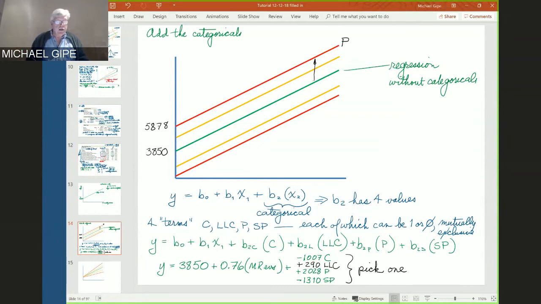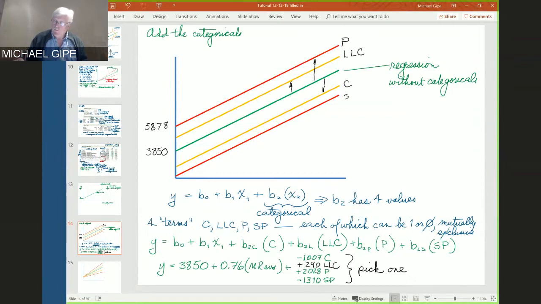And so essentially we created a parallel regression line for a partnership. Let's take a look at LLCs. For an LLC, we add 280. And so we're going to shift that regression line up to the yellow line. If we have a C Corp, we have a negative contribution, minus 1007, and we'll shift it down for a C Corp.